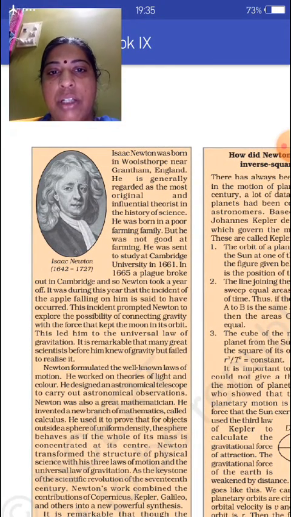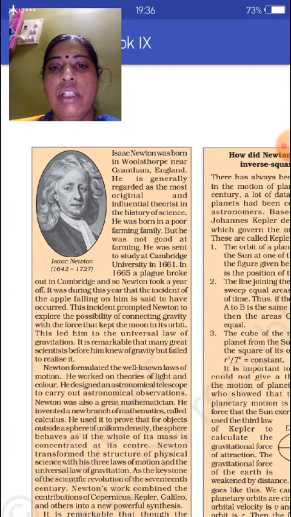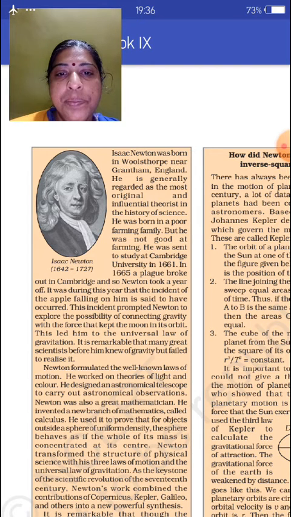Isaac Newton was born in Woolsthorpe near Grantham, England. He is generally regarded as the most original and influential theorist in the history of science. He was born in a poor farming family, but he was not good at farming.